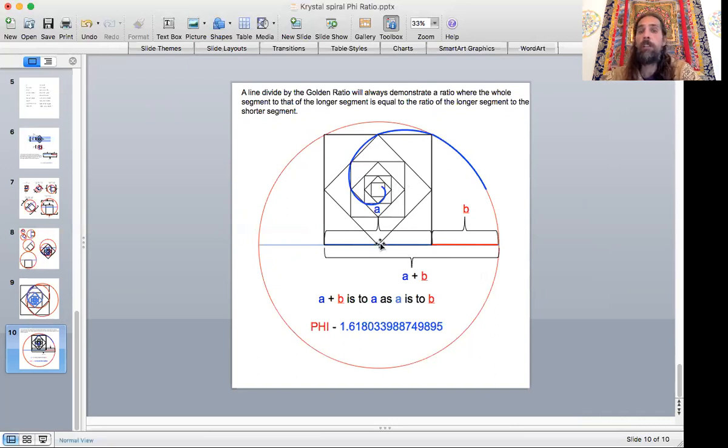So here it is once again: A plus B is to A as A is to B. And no matter the length of the line, when we divide the larger by the smaller, we are going to come up with 1.618 repeatedly over and over. And that number is entirely embedded within the whole framework of this square and circle relationship that I've presented.